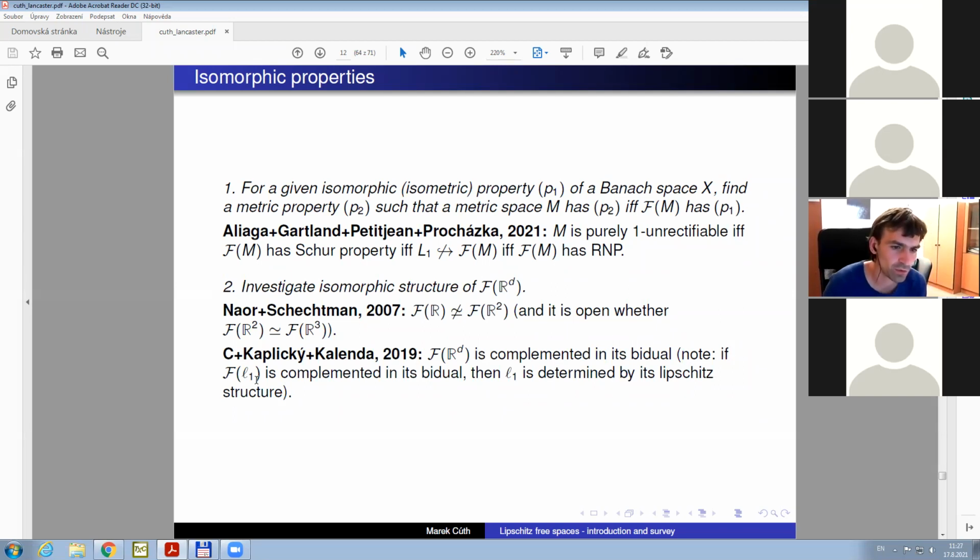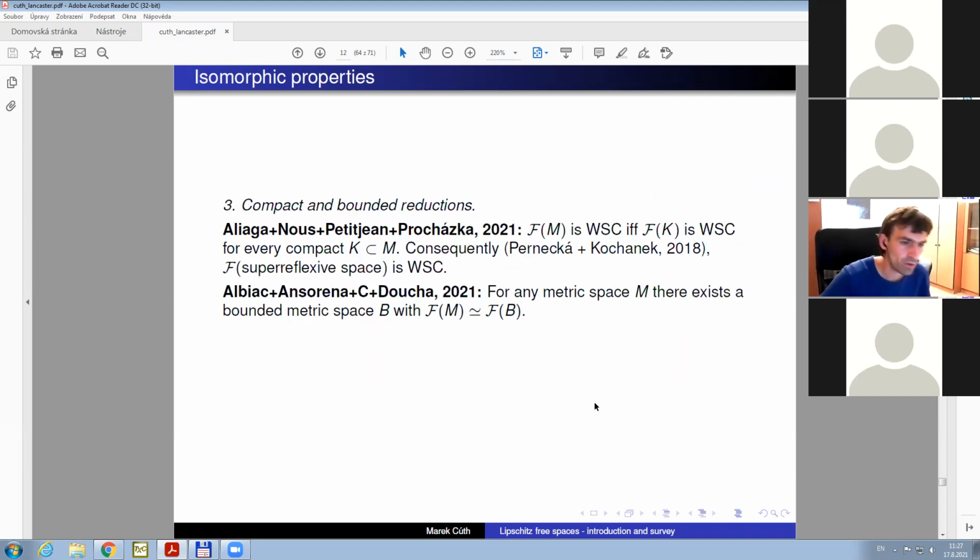So if the answer was positive for L1 instead of this finite dimensional space, then it would have a very nice consequence. So we studied at least finite dimensional spaces, and we proved that for finite dimensional spaces, at least, we have this complementability in bidual result. But the proof was very difficult, okay? Or at least technically difficult.